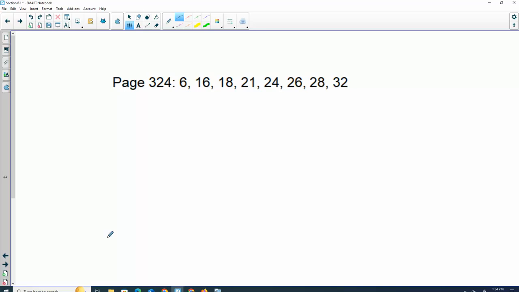On 21, I'm going to alter it: you only need to do parts A, C, and D. Part B is just asking for a graph, so you can skip that. Do either 18 or 21 by hand, and use the calculator for the other.